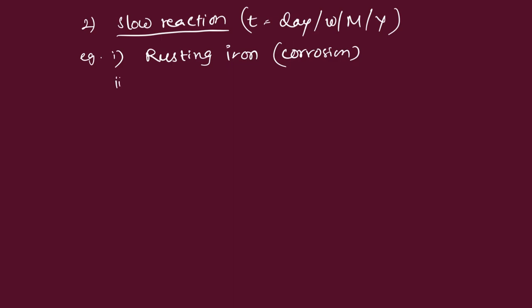And the second one is human aging. Not only human, any animal ages also, from 0 days up to 100 years. And next, third one, ripening of fruits.